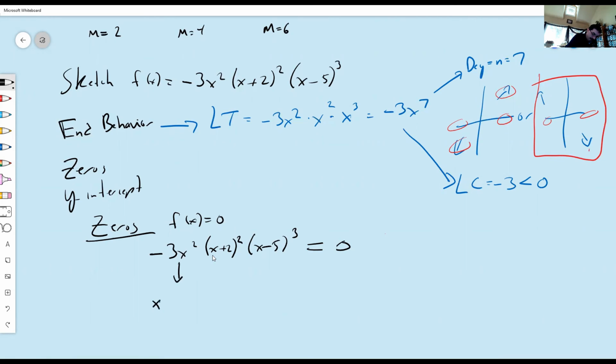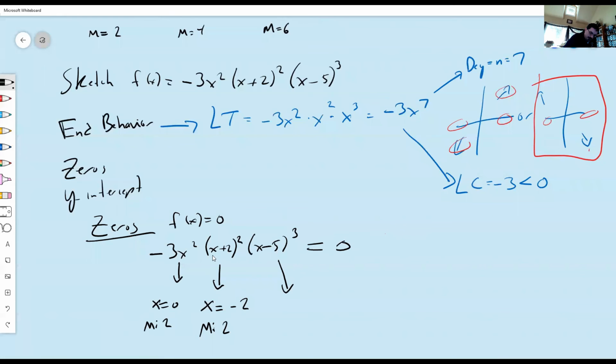X squared gives you x equals 0. Since it's x squared, that factor occurs 2 times, so the multiplicity is 2. X plus 2 means x is minus 2, multiplicity 2, because that factor occurs twice.